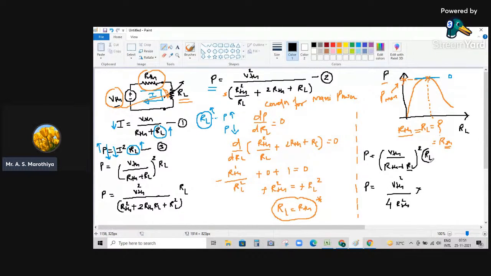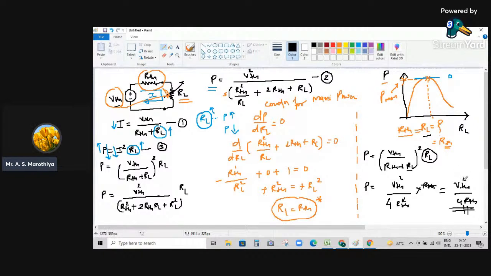Now we need to replace this RL by RTH. So it is going to be what? RTH. So this RTH and this RTH will get cancelled out, and finally the equation for maximum power is going to be equal to what? VTH square divided by 4 RTH. This is very important. So in this way we can find out the condition for maximum power supplied by a source to a load, and that is nothing but when the value of load resistance is equal to its equivalent Thevenin's resistance.